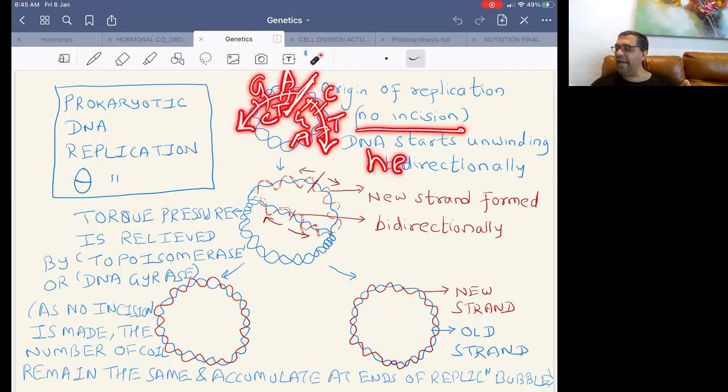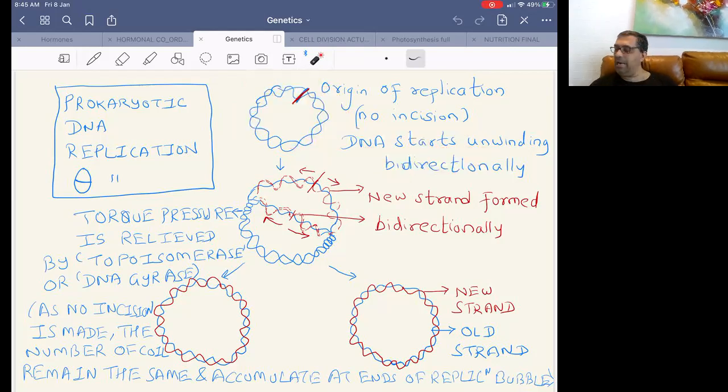So helicase will break hydrogen bonds in both directions, and the two DNA strands will start separating. Both DNA strands start separating with the help of helicase. And at one point, this is the origin, this is the old strand, the template.